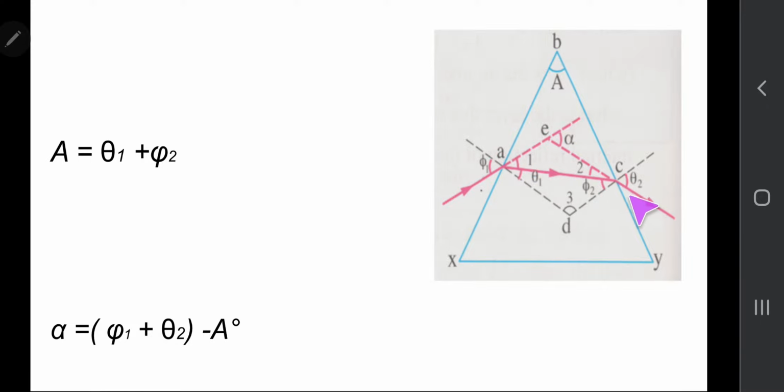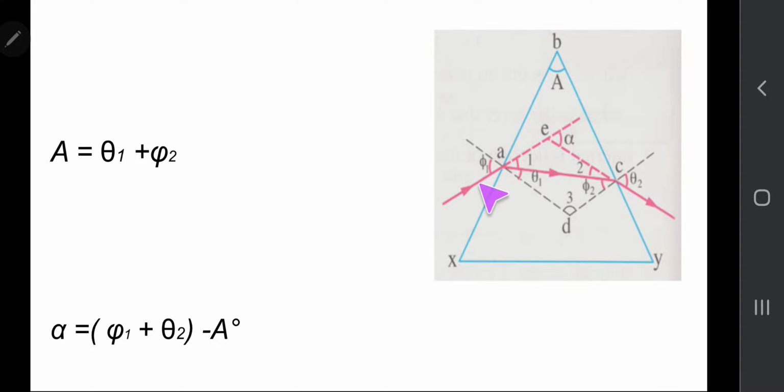This ray falls on the other side, so it is an incident ray relative to this side. The incident ray and the normal line make the second angle of incidence, and when it emerges from the prism it refracts again.